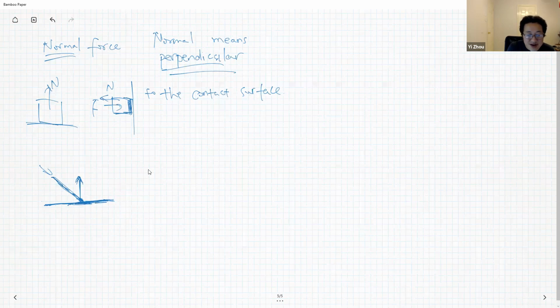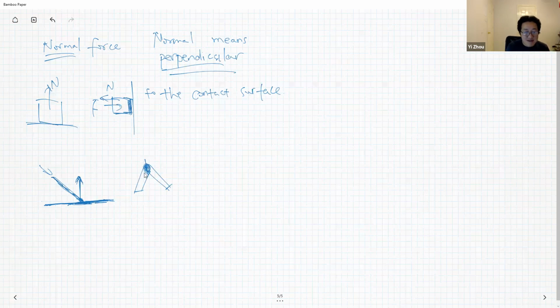Sometimes we have other conditions, like if two sticks are connected by a pivot, then in this point-to-point condition there will be no normal force, and it's harder to know the direction of the force.